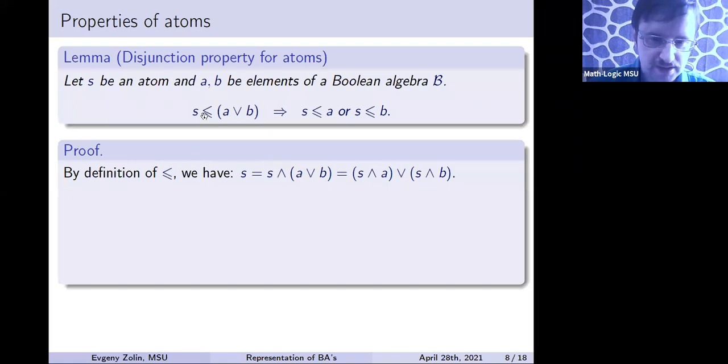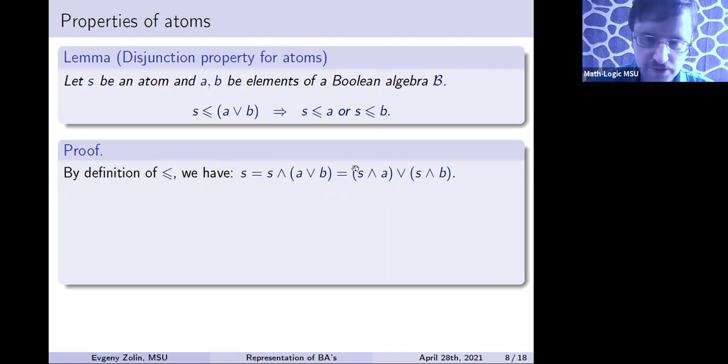And this is easy. If S is below A or B, by definition, what does it mean? S intersection with A or B equals S. But here we can rewrite using distributivity.